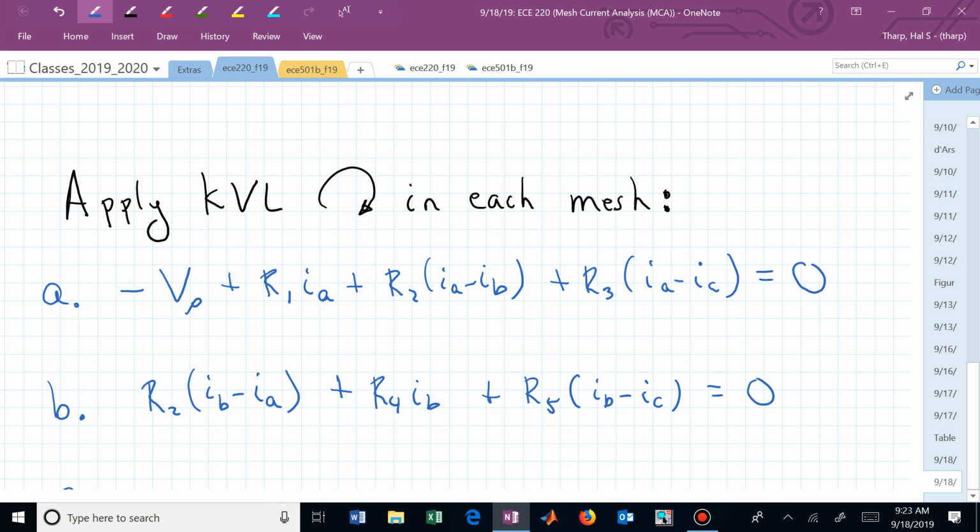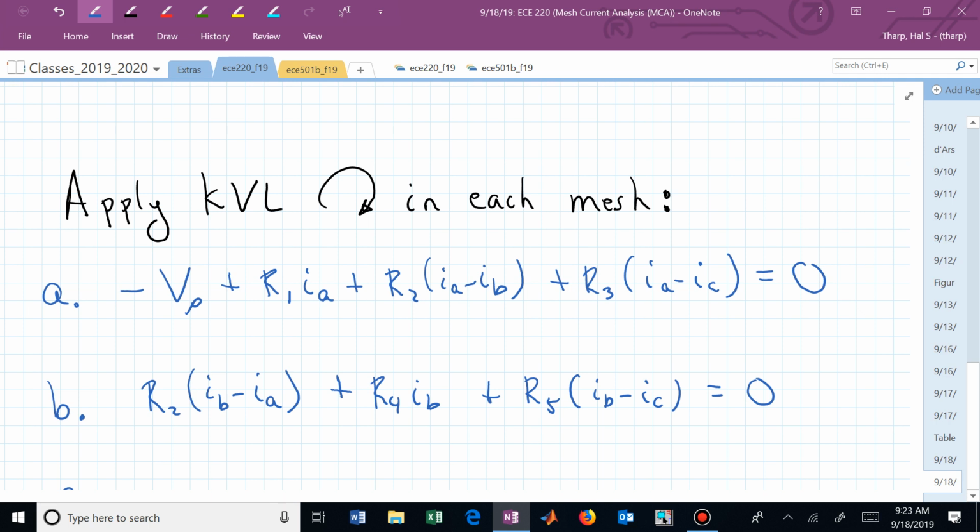What about B? What's I sub B? Do you see how it comes in positively? And when we have an adjoining or an adjacent mesh, that mesh current comes in negatively.